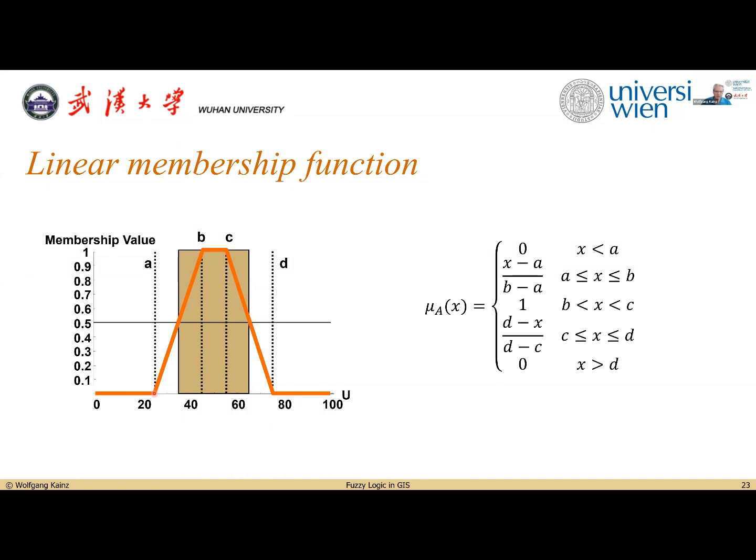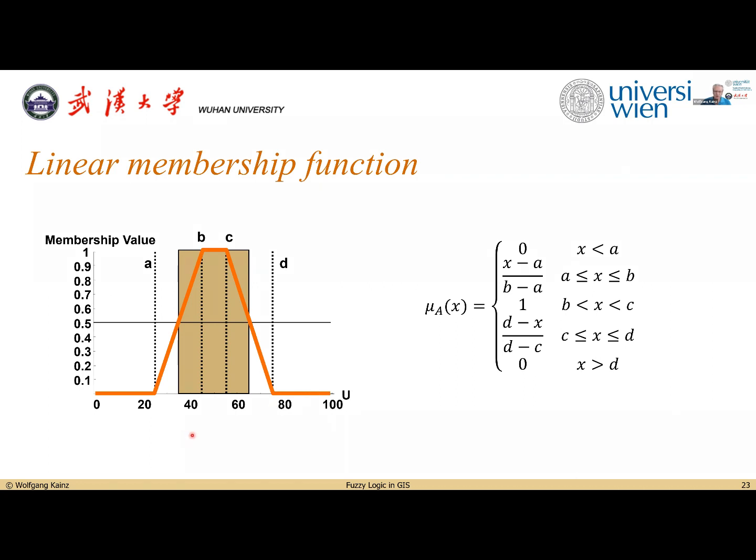So from 20 on, the function linearly increases till it reaches another parameter, b, which in our case here has the value of 40. Then it stays linear at 1 till it reaches another parameter, c, which in our case is 60. And then it falls off in a linear way till it reaches the fourth parameter, d, where it becomes 0, and from there on it remains 0.